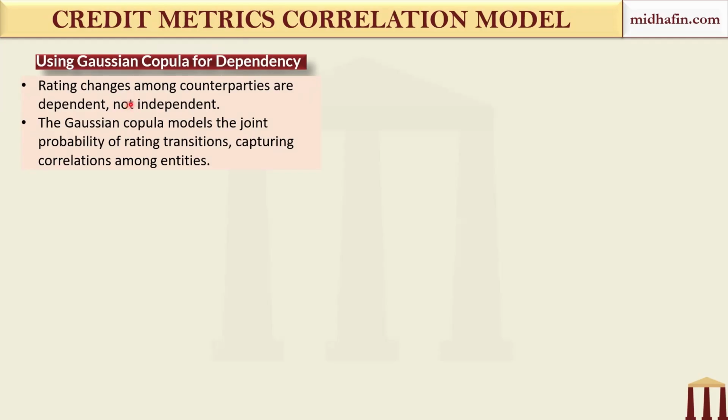Because we have discussed this multiple times, because of shared market or macro factors. So to capture this interdependence, CreditMetrics uses a Gaussian copula. This copula allows us to model the joint probability distribution of rating transitions. So we can represent how changes in one firm's rating influence another firm's rating.